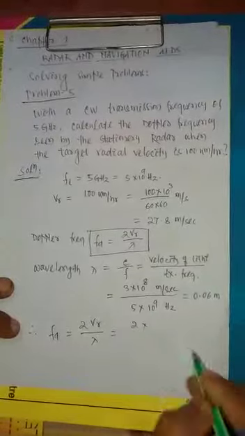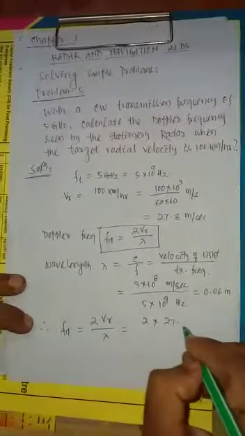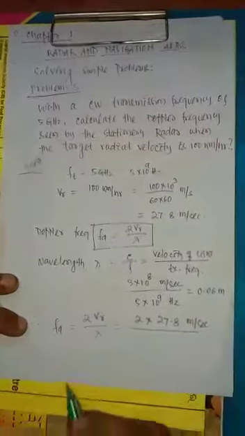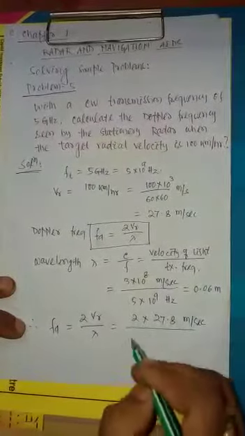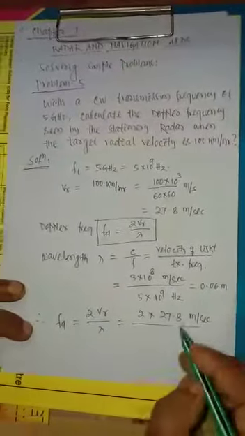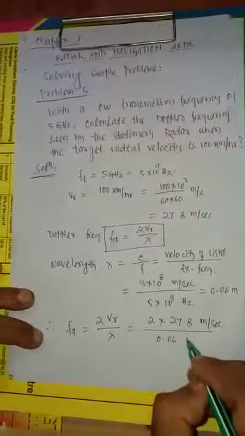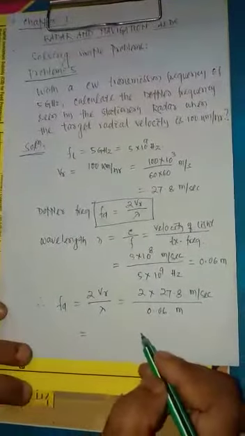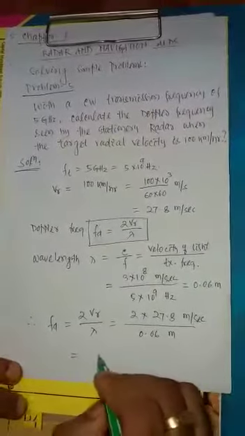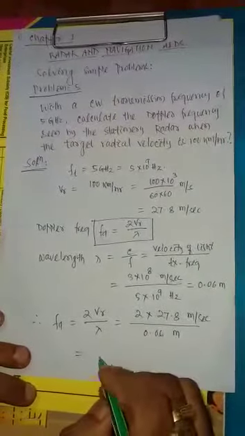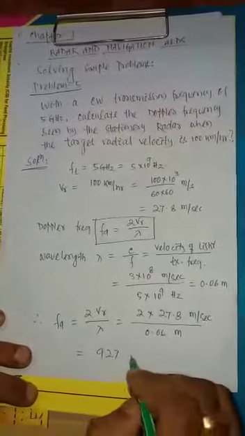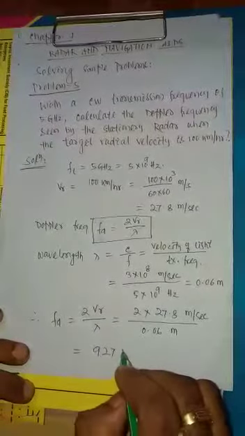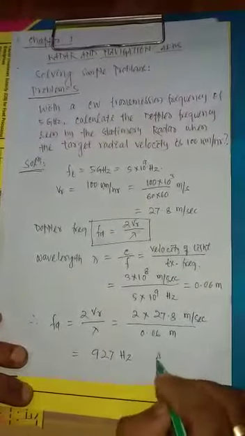This is equal to 2 into VR, which is 27.8 meter per second, divided by lambda, which is coming to be 0.06 meter. And finally this will be 927 divided by second, or that is 927 Hertz. This is the answer.